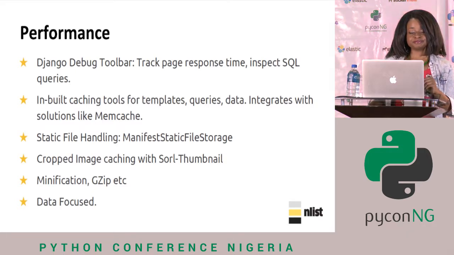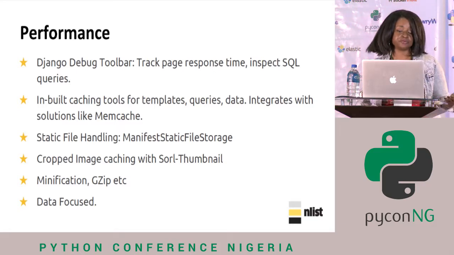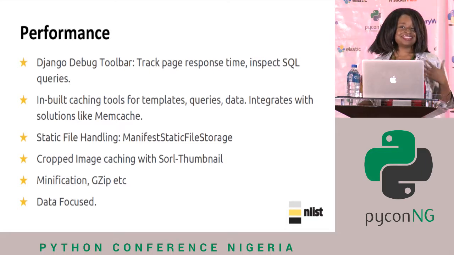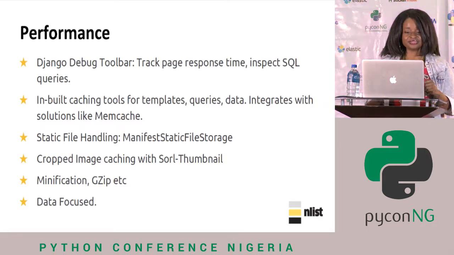So, image caching, typical minification, gzip, but that's not really Django related. That's more of a server thing. And also, I just try to keep the extras to a minimum. I don't really use a lot of JS on my side.